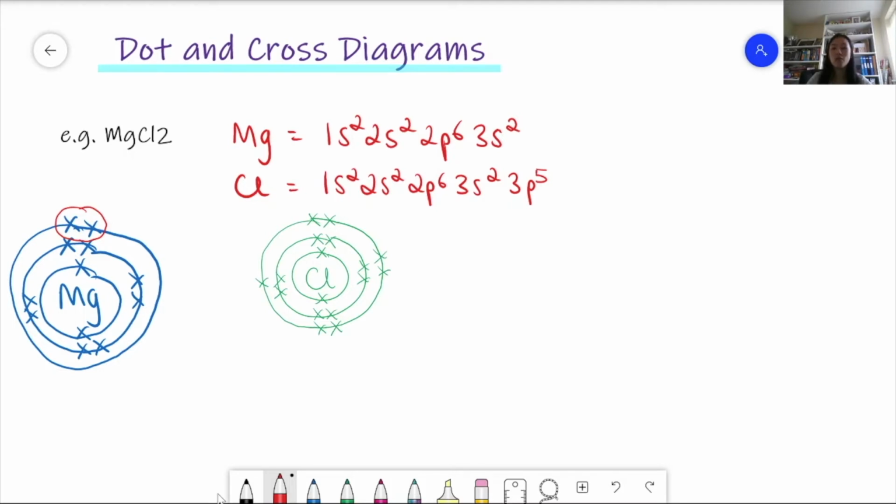So the easiest way is to take away the 2 electrons instead of adding on 6. And for chlorine, we need 1 electron for a full outer shell instead of taking away all these 7, because that would take a lot longer. So that means that we would need 2 chlorine atoms for every magnesium atom.